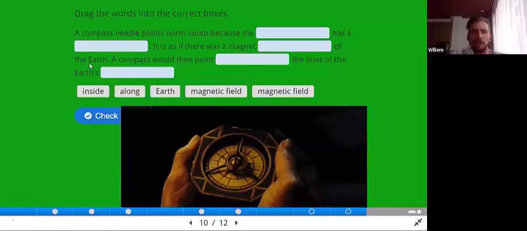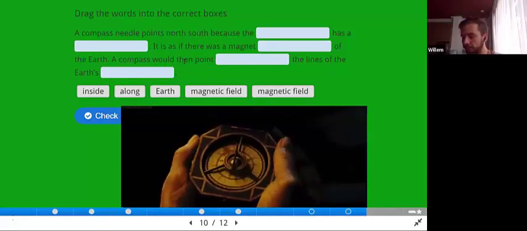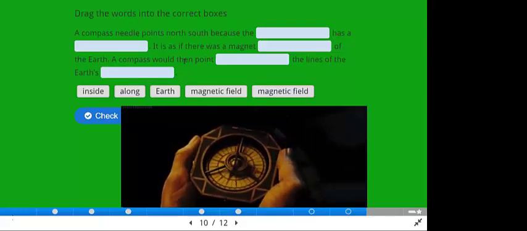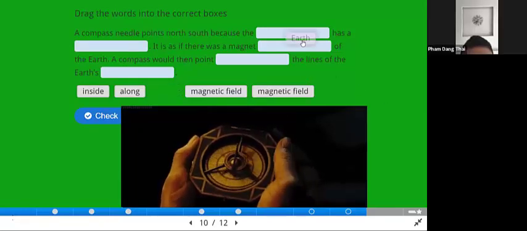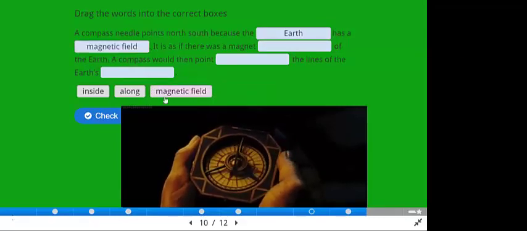So, everyone can read this at the same time. A compass needle points north-south because the Earth has a magnetic field.